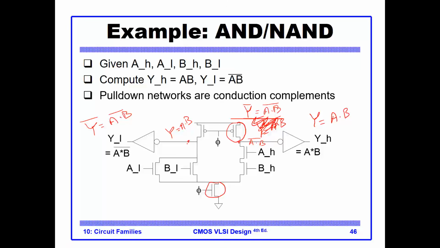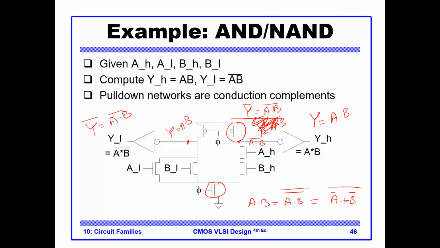Remember that this will be the output of this stack here. And to do this, this is where De Morgan comes in handy, where I can say that A dot B equals (A dot B) inversion, and this is equal to (A prime or B prime) inversion.